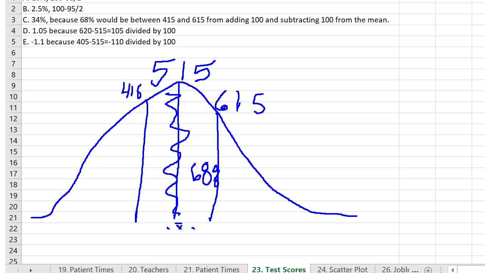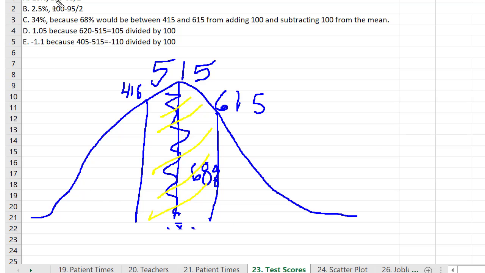Okay, I'm going to change colors here. All right, so that's all of this area. That's 68%. Okay, so question A says, what percentage of students have an SAT math score greater than 615? Well, if this is 68%, then how much of this area is left?